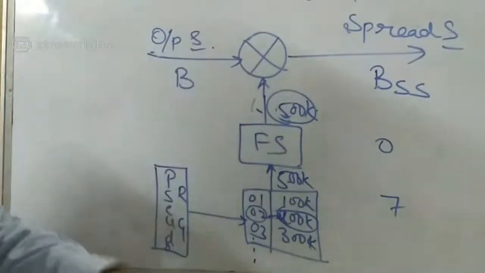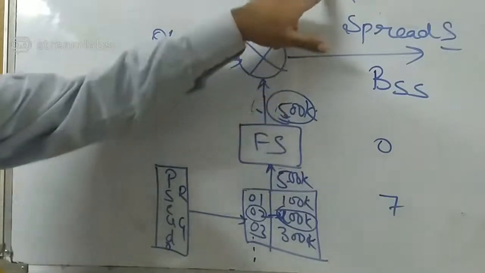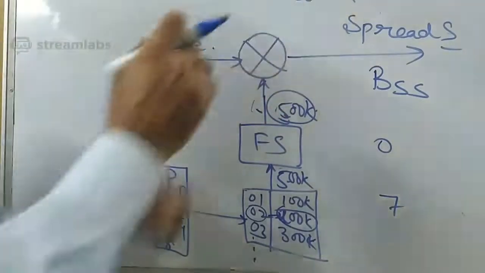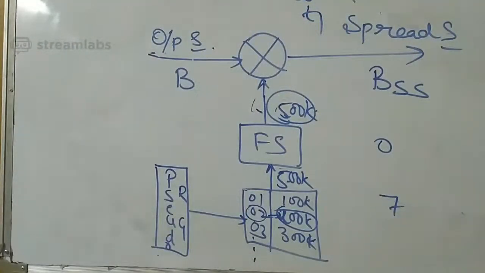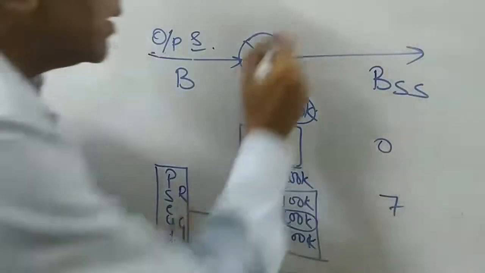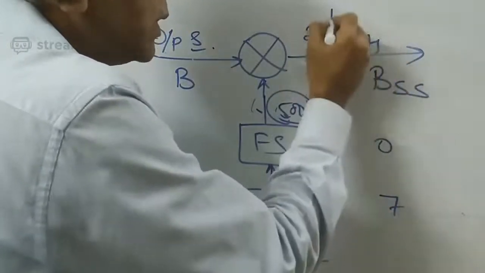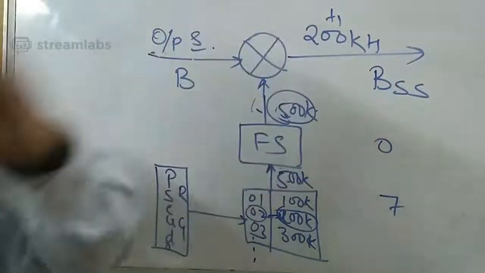Now what happened? You see the same signal: during the t1 duration, it is generating a 200 kilohertz signal, but in the t2 duration the new number got generated.